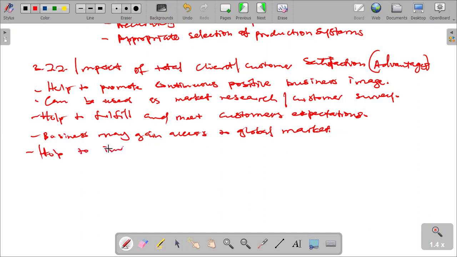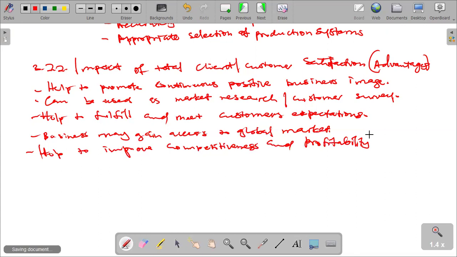Businesses can improve their competitiveness and profitability in that respect.